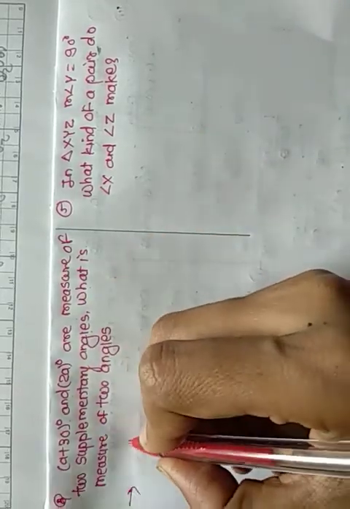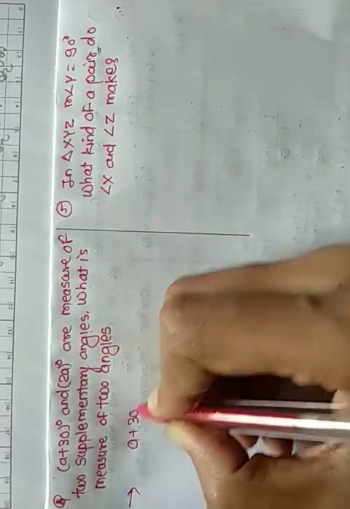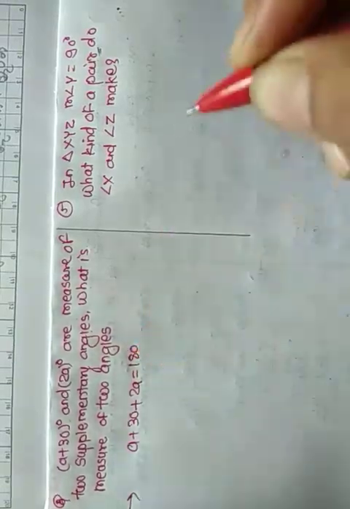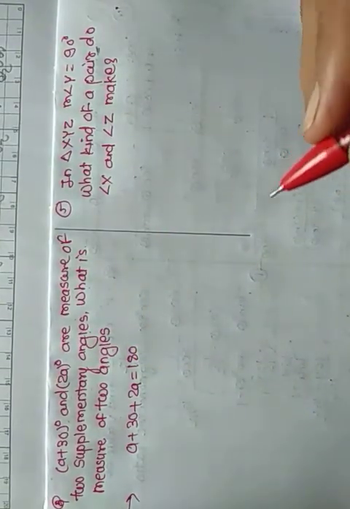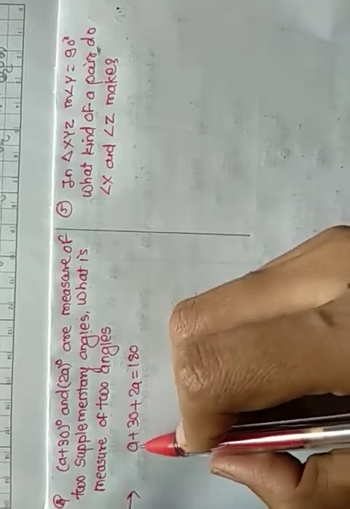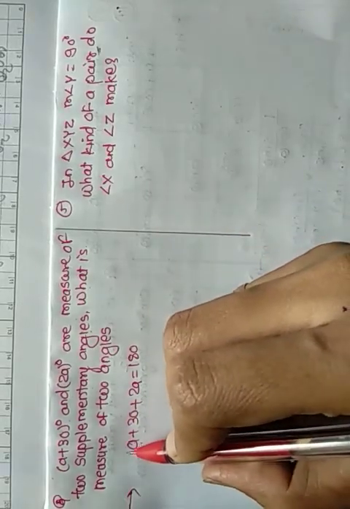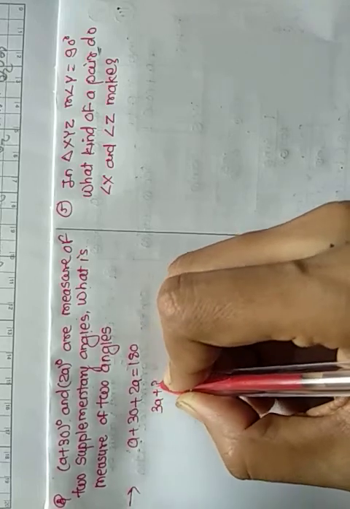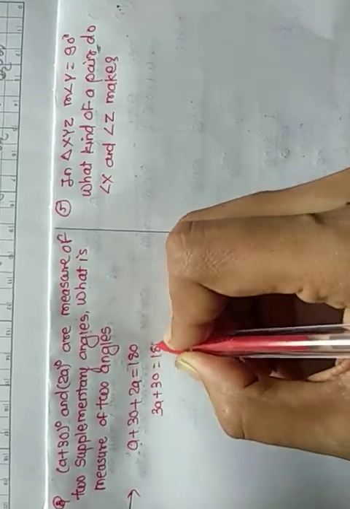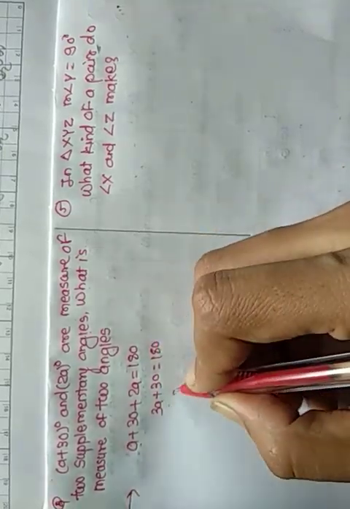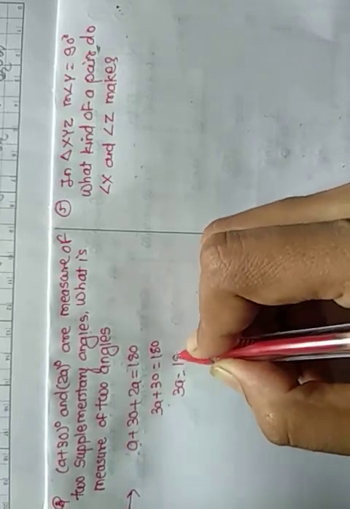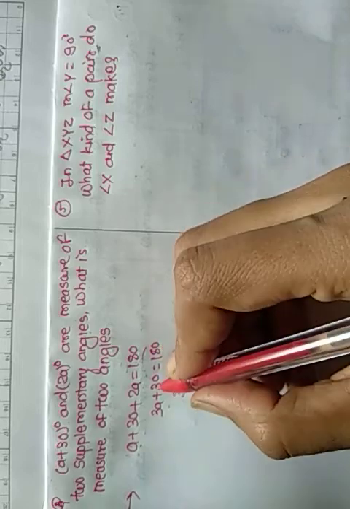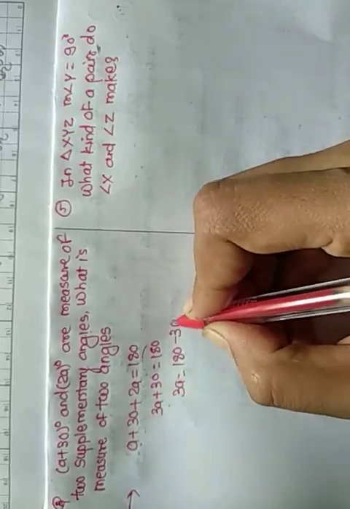It means here A plus 30 plus 2A is equal to 180 degrees. Now solve this. This A has no coefficient, which means there is 1. A plus 2A, that is 3A, plus 30 is equal to 180 degrees. Now write down 3A on the left side, 180. This 30 comes to the right side. This plus 30 becomes minus 30.